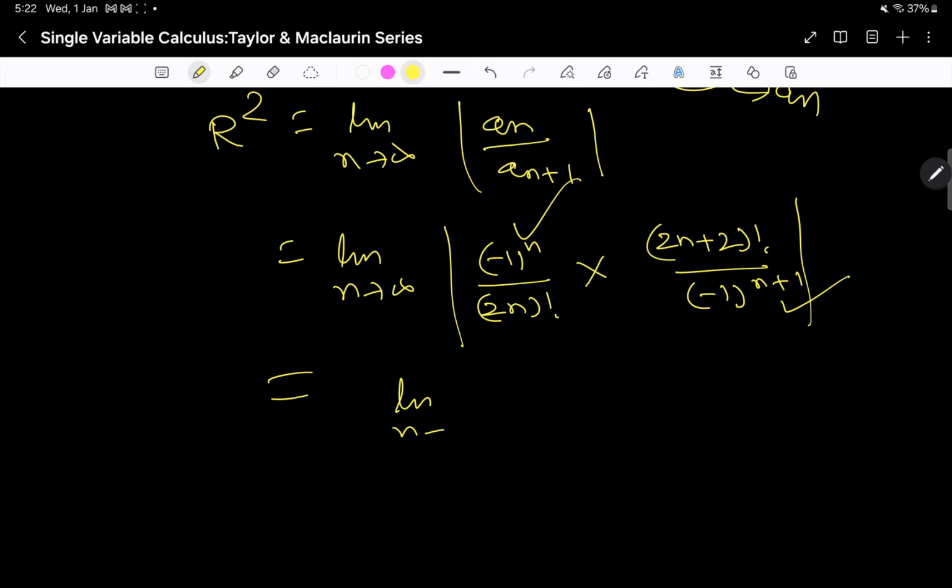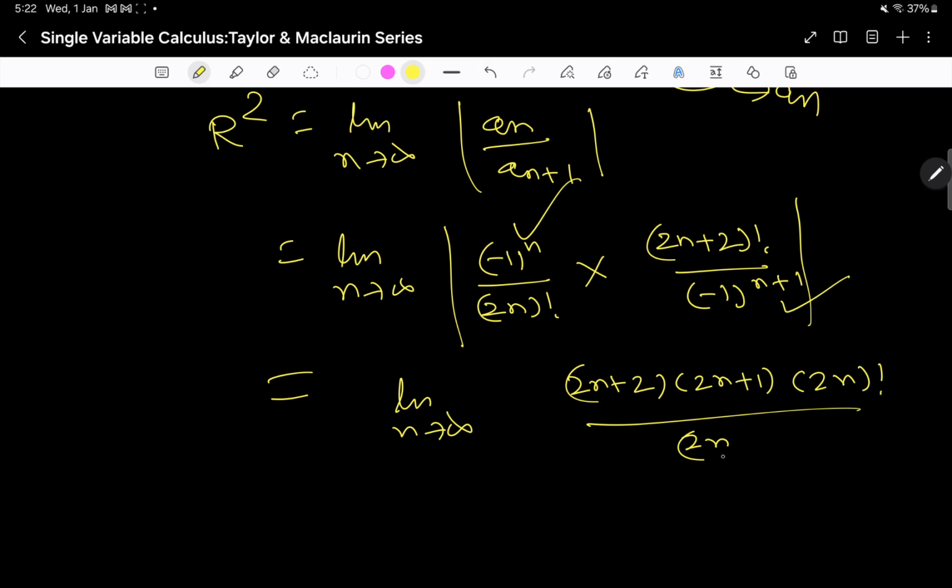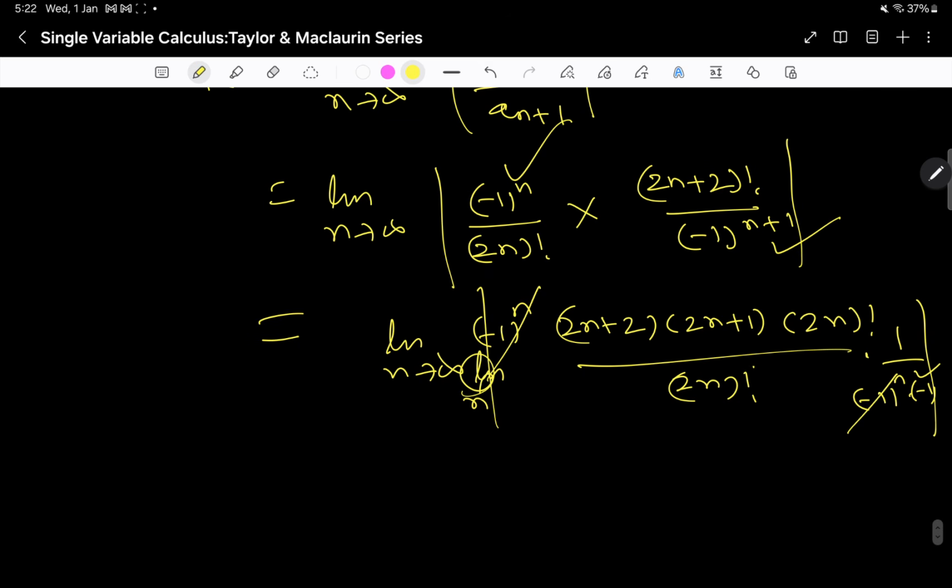So this is limit n tends to infinity of 2n plus 2 into 2n plus 1 into factorial 2n divided by 2n factorial. If I take limit n tends to infinity, it is (minus 1) to the power n, and it is 1 by (minus 1) to the power n into |minus 1|. Okay. So now the contribution of modulus is just to make it positive, and this cancels. So this is just positive here.